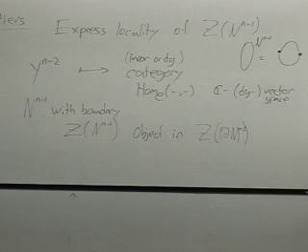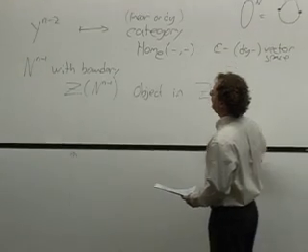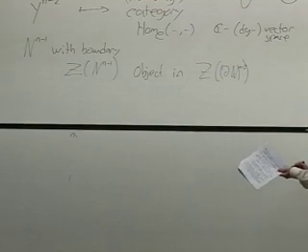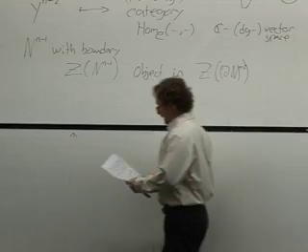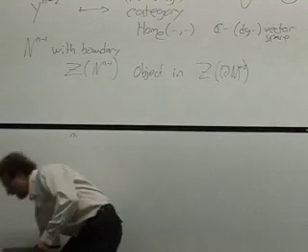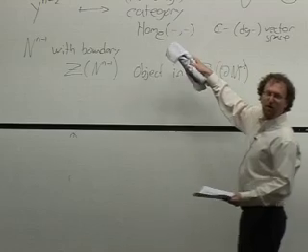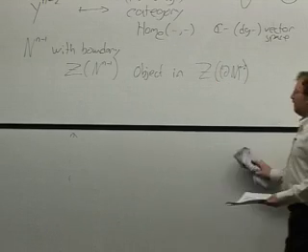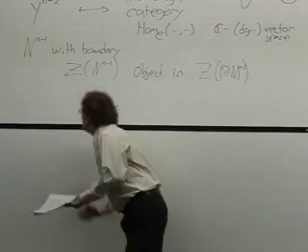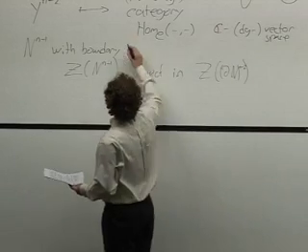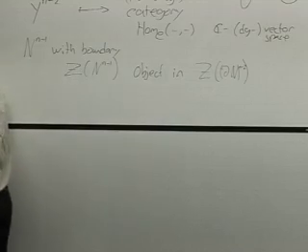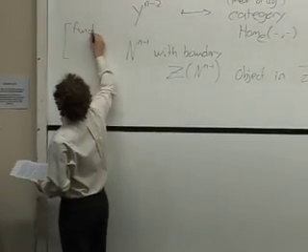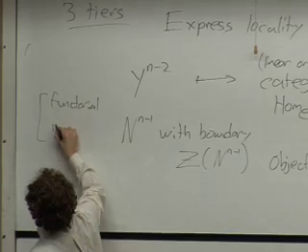So this is my version of having a vector in the states of the boundary, in the vector space of the boundary before. I want to have an object in this category. And again, I need to say that these assignments are going to be functorial and multiplicative, just like we had before. So I'm not going to write down what this means, but these assignments are going to have to satisfy functoriality and multiplicativity.